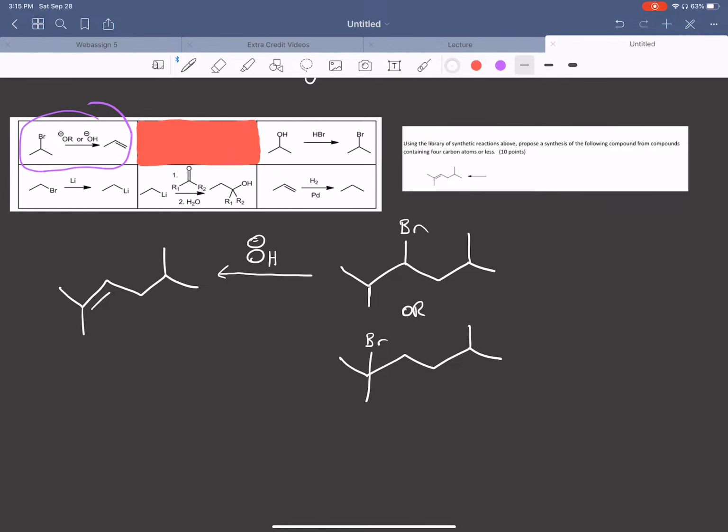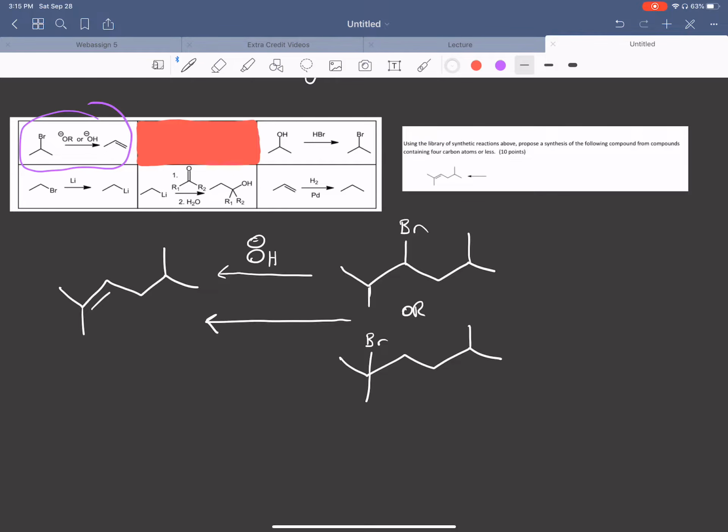But the key thing to remember when you're doing OH minus or OR minus is that you want to form the most stable double bond. All right. So when you have your Br and going forward, now I'm evaluating the reaction going this way. You need to form the most stable double bond.